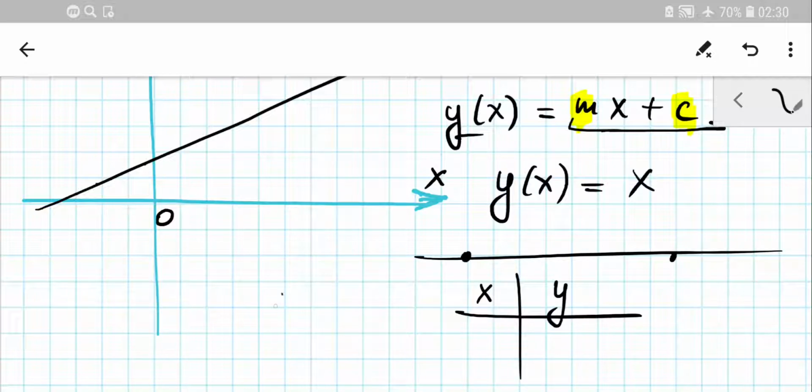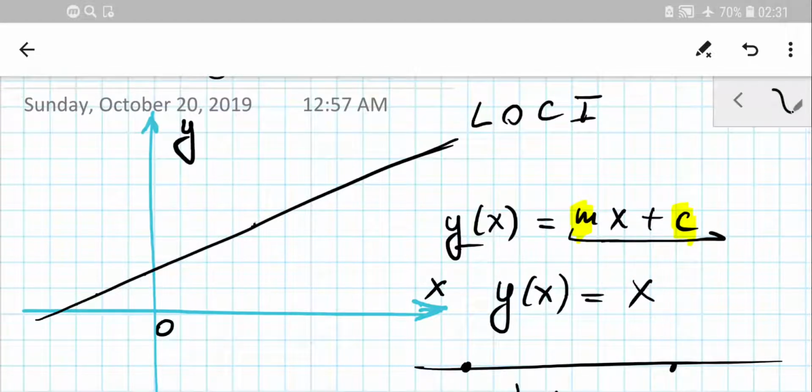Every single point on the Cartesian plane has two coordinates, x and y. For example, for any given point here, we have an x and a y coordinate. How to define them? I'll help you remember. You just need to draw two perpendiculars until they intersect the x-axis and the y-axis, and that exactly tells you the coordinates.